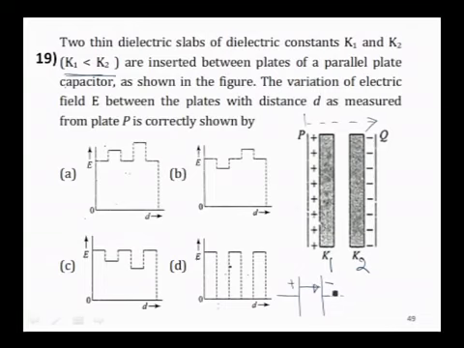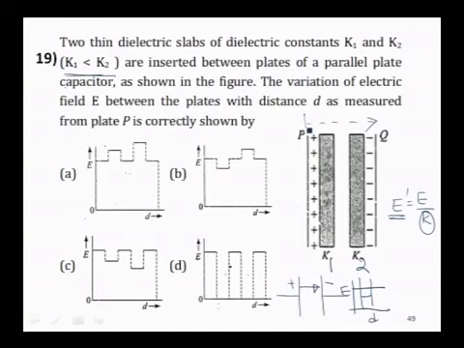So if there is no dielectric, the graph of E with respect to distance should have been a constant. Now, because you have a dielectric, the electric field inside the dielectric is E outside divided by K, and K is always a number more than 1, and therefore wherever you have a dielectric, the value should be less.